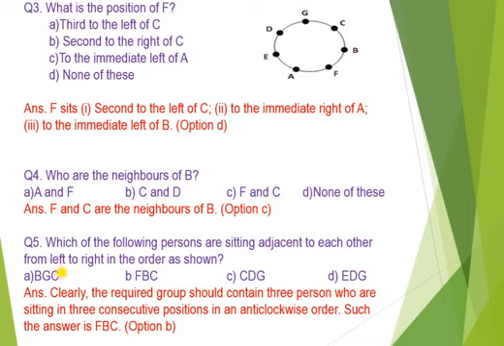Here it is given left to right, so it is anti-clockwise direction. So the answer is FBC, option B. FBC is in anti-clockwise order, and these 3 are sitting adjacent to each other, left to right.